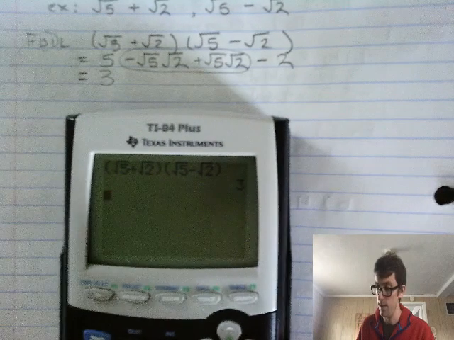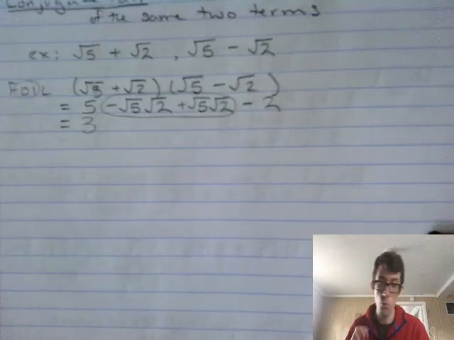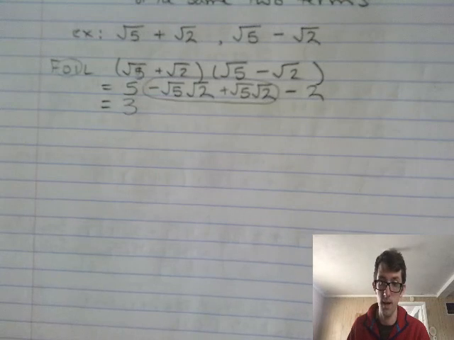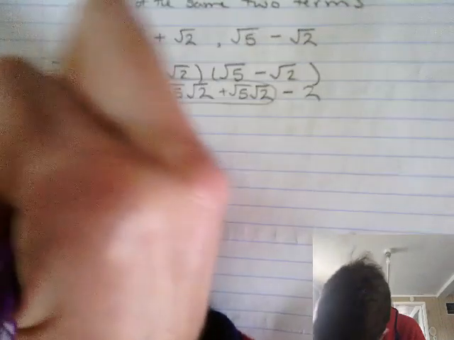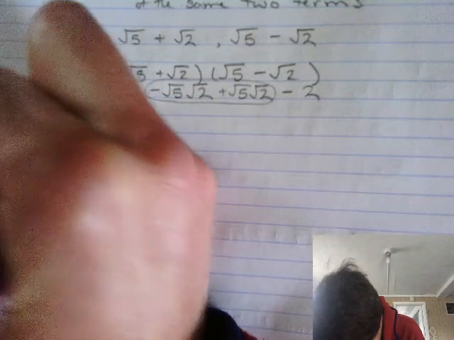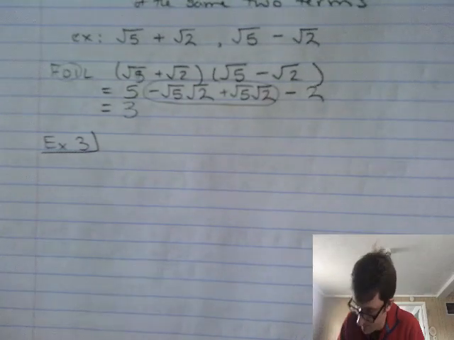We should get 3. So we are going to use this when we rationalize denominators of fractions with a binomial. So this will be example 3. And I'm just going to do this.